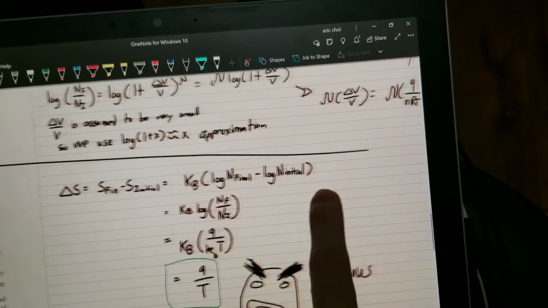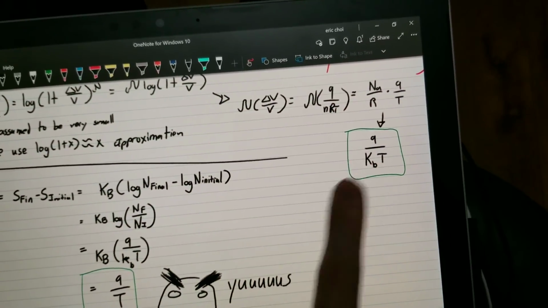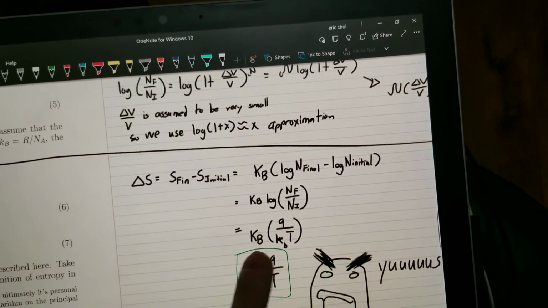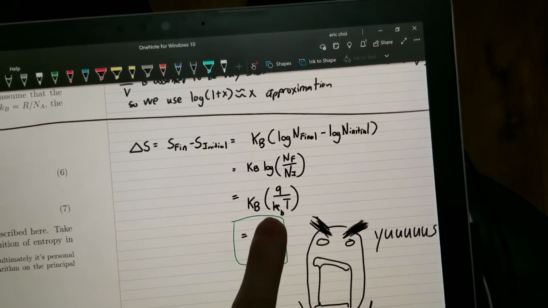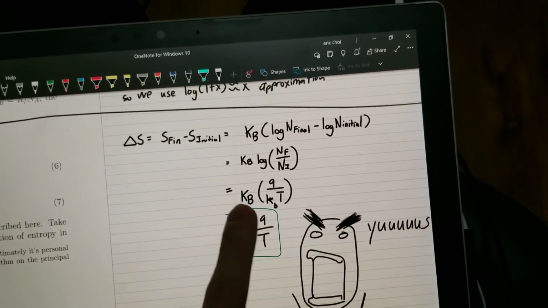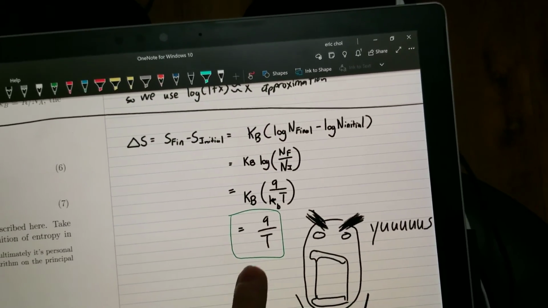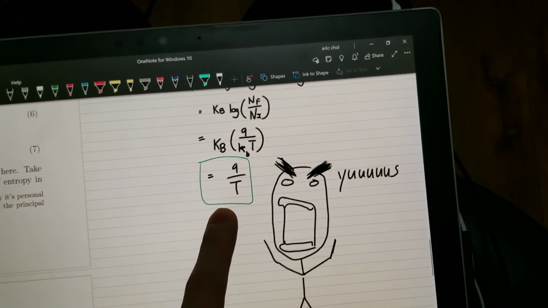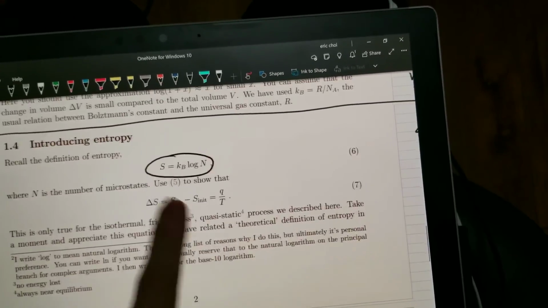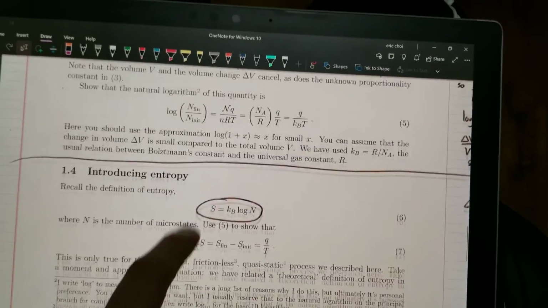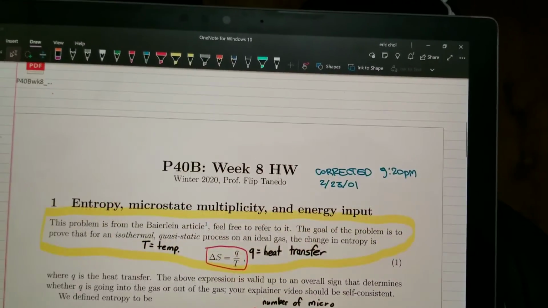So we just plug in what we had at the very end of our last part into log of nf over ni until we finally get the Boltzmann constants canceling out, and our final answer of Q over T is equal to the change in S, that solves the initial problem that it asked in part 1, right here.